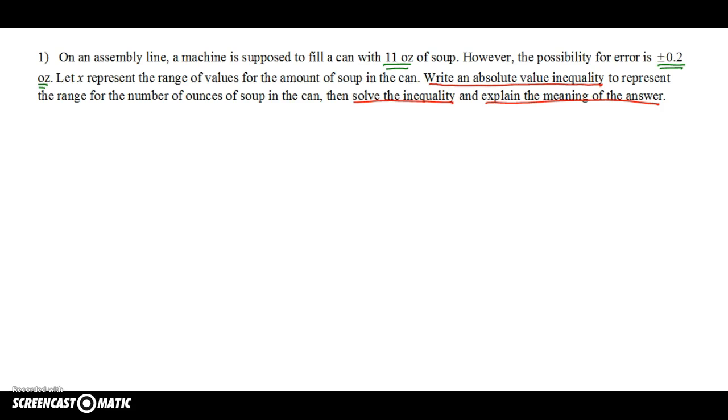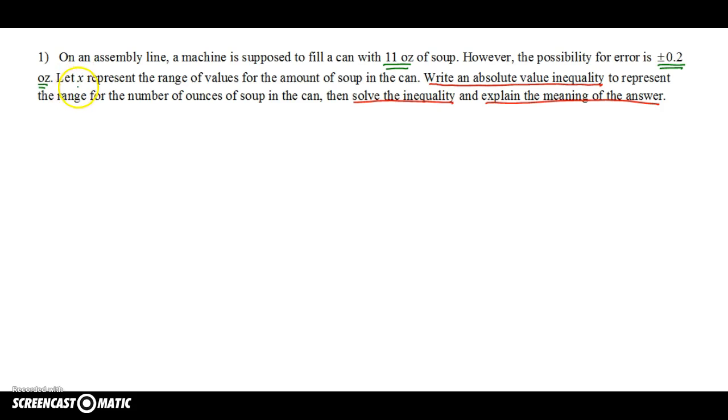So as I'm reading, I'm seeing that even on an assembly line, nothing is perfect. And even though it's going to be labeled 11 ounces, that can of soup might not actually have 11 ounces. It might be 0.2 away from the 11, either in the positive or the negative. Right now I'm thinking absolute value might make sense.